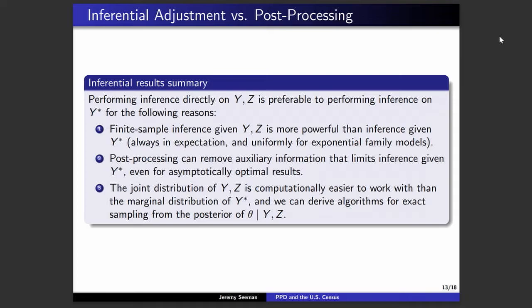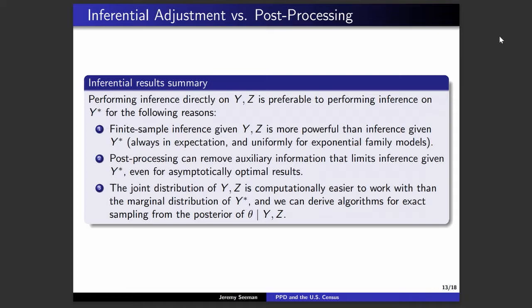And additionally, even when we have asymptotically optimal results in terms of how we might define a particular mechanism, there are smaller scale pieces of auxiliary information in how we set up these kinds of testing problems that could potentially limit the way we set them up in a finite sample setting, say for toggling type 1 or type 2 error.